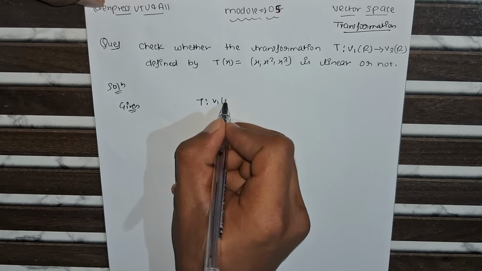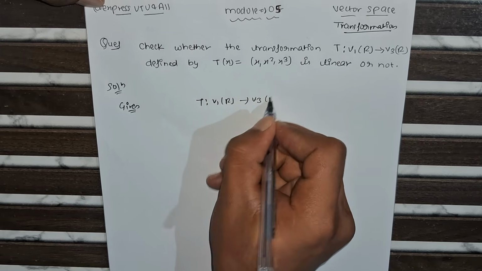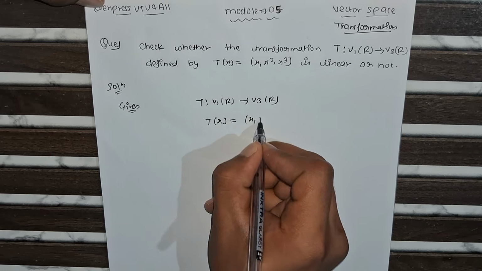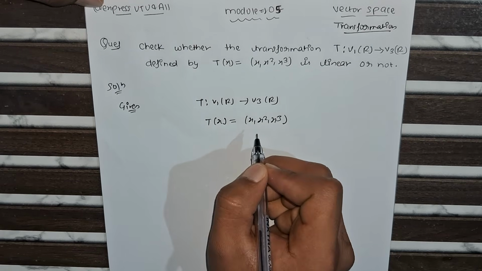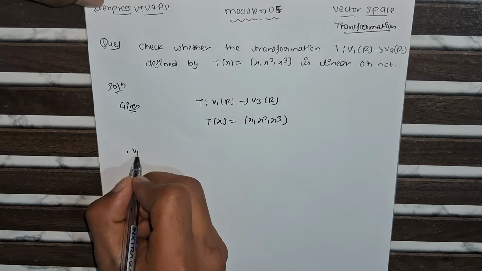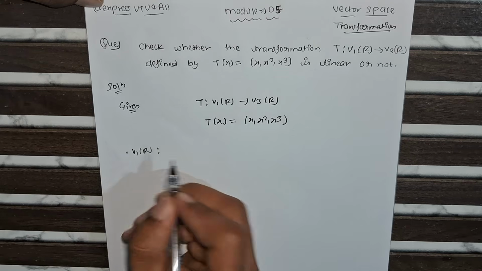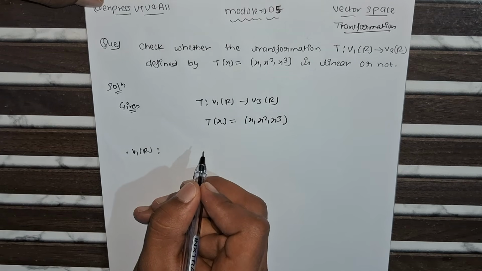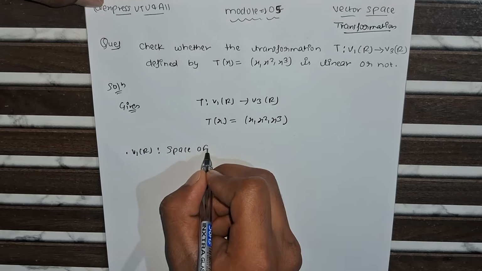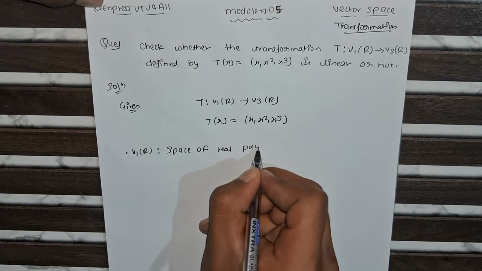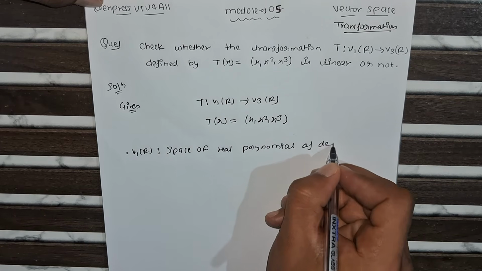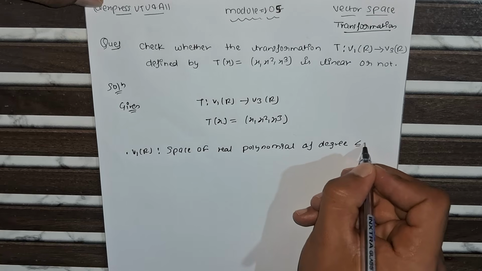So our T goes from V1 of R to V3 of R. The transformation of x is equal to x comma x square comma x cube. First we understand what V1(R) and V3(R) are. V1 of R means the space of real polynomials of degree less than or equal to 1.